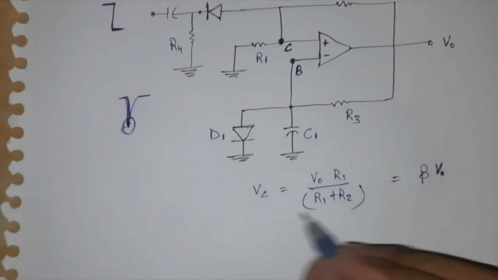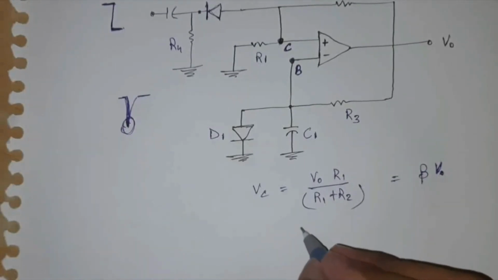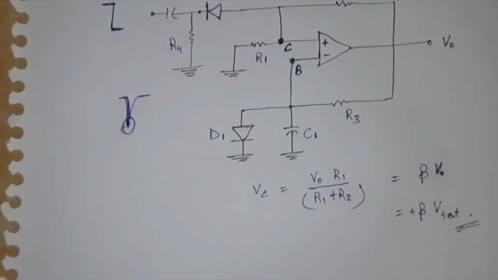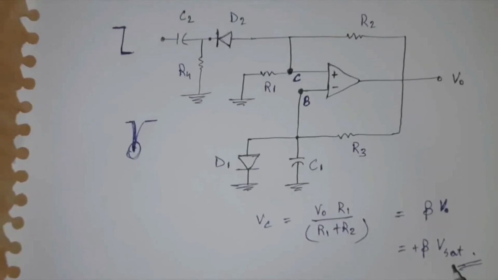Now for the initial part, since we have considered it to be at plus V sat, this will be beta into plus V sat. So this is our starting point, and now we have to observe what change we see.